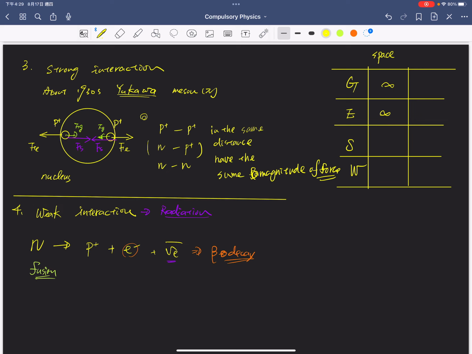However, the strong and the weak interactions can only occur in the nucleus.